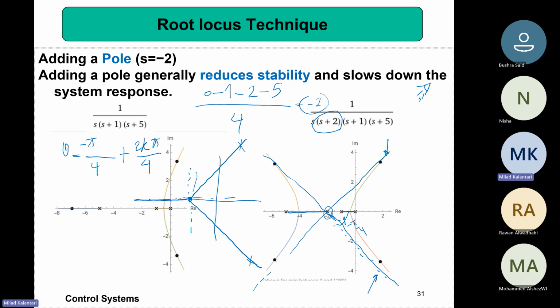And now if we have four, basically like this, then again, we have some asymptote that's going to the right side. And if you have more, actually, it becomes even worse. You will have more of these asymptote lines, right? Most of them go to the right side. So that's why we are saying when we add more poles, the system has more chance to become unstable.